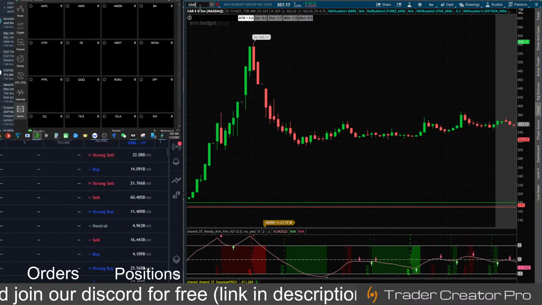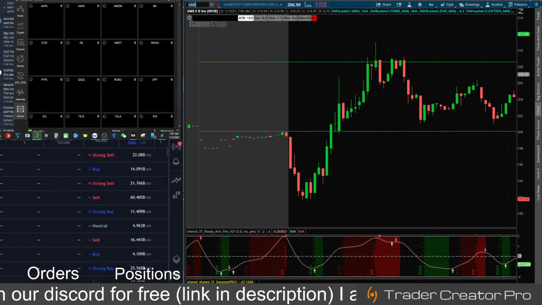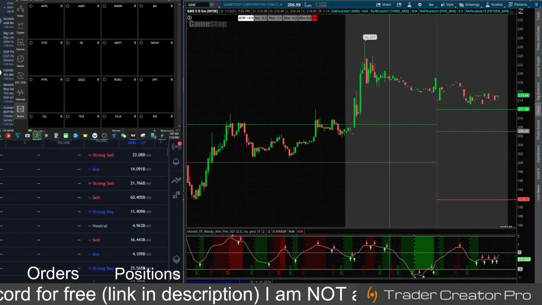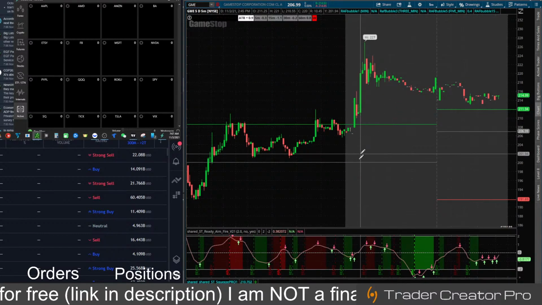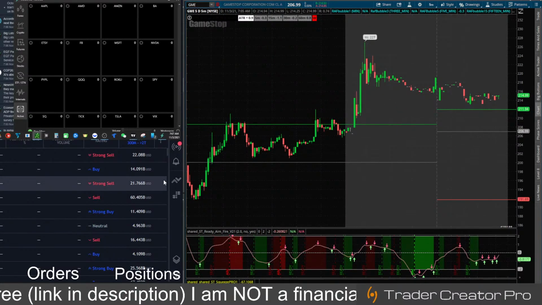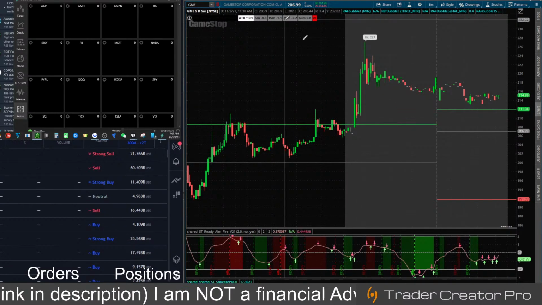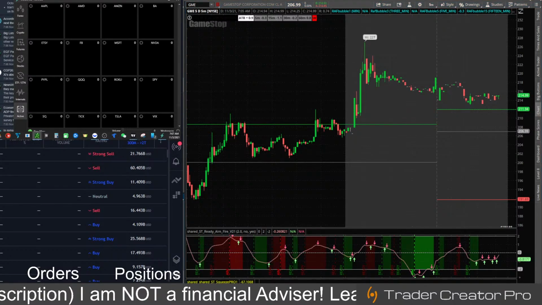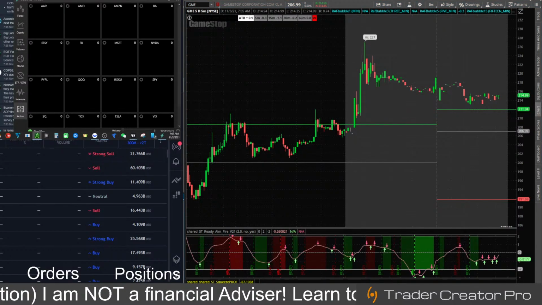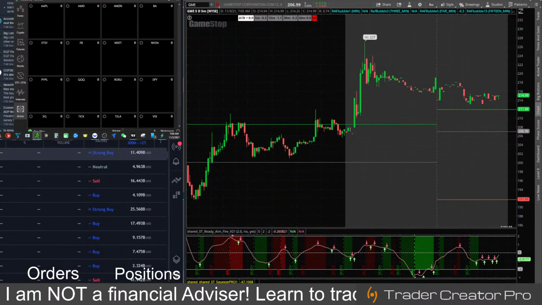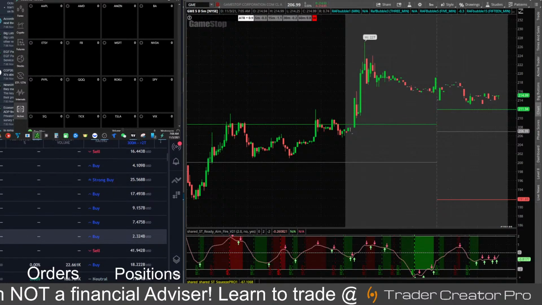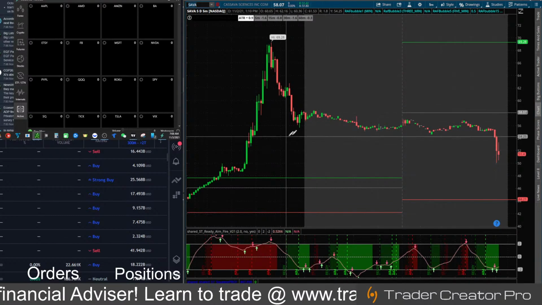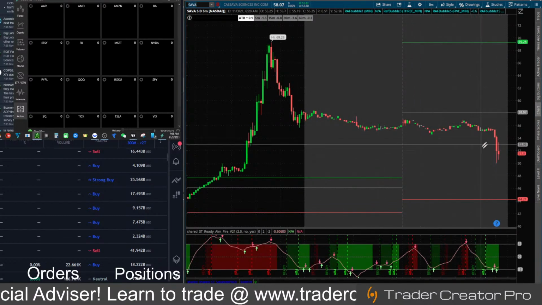So CAR, GME, I know was making a move last night. Let's see what it's doing. Okay, still making a little bit of a move, but not anything too crazy for GameStop. It does have a daily squeeze firing long right now, so that's interesting. SAVA was pretty volatile yesterday as well. SAVA might be one that I'm just keeping an eye on.